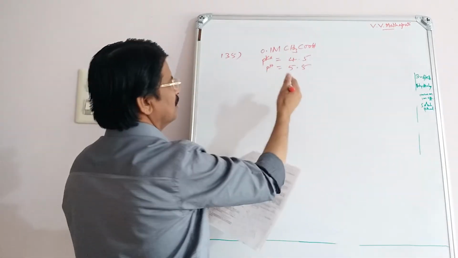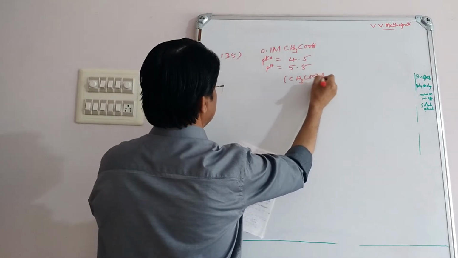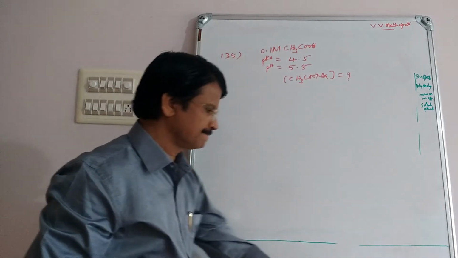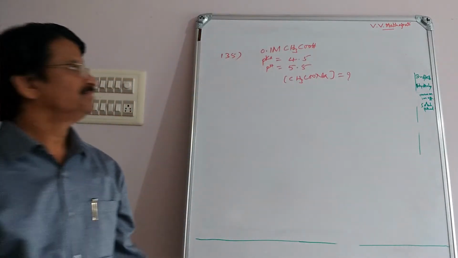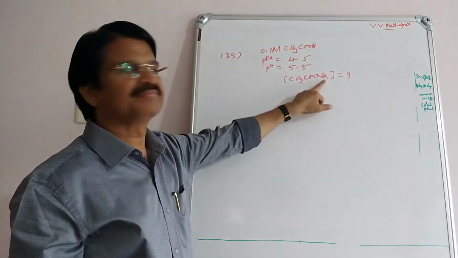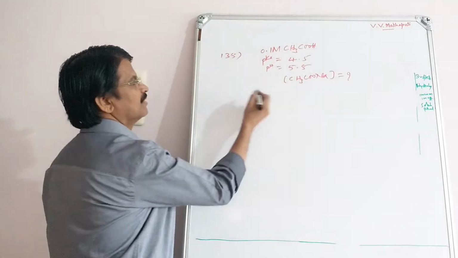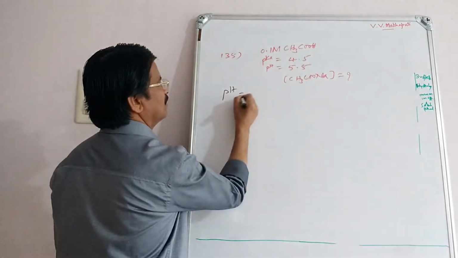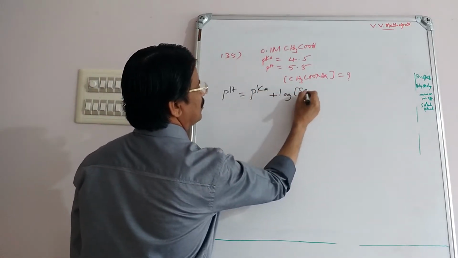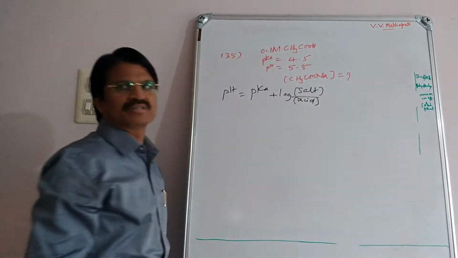Therefore, we can find out the molarity, concentration of salt. So the question: weak acid and salt with strong base. It is an acidic buffer. For acidic buffer, we can write the formula pH equal to pKa plus log salt by acid.